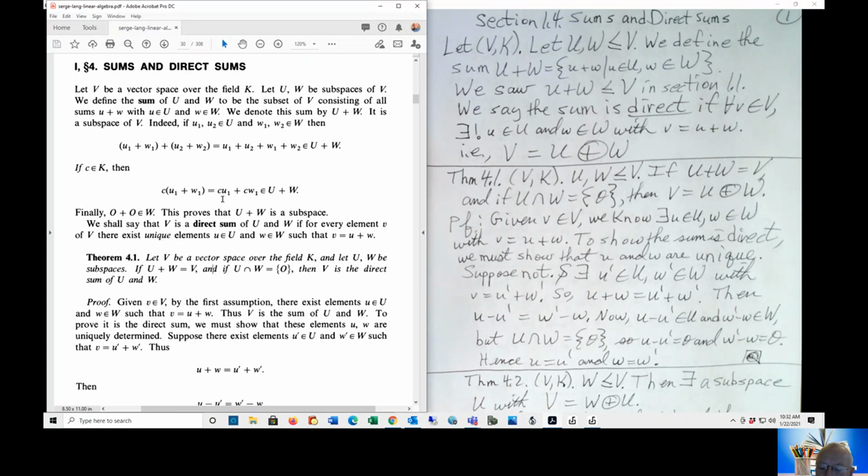Now, when we have the two subspaces U and W of V, we say that V is the direct sum of U and W if there exist unique vectors u in U and w in W so that for every v in V, v is equal to u plus w.